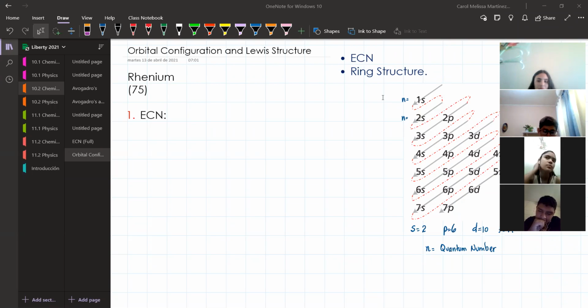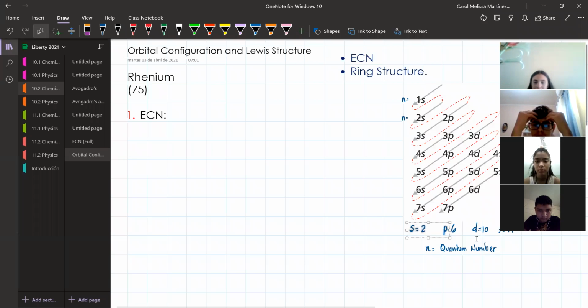Just as a reminder, the orbital S can hold 2 electrons, P can hold 6 electrons, D 10, and F 14 electrons, okay? Just keep that in mind like always.